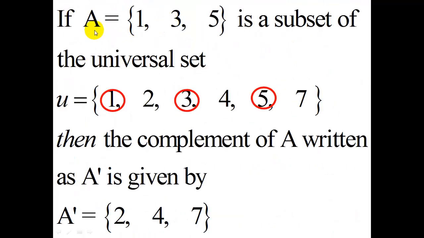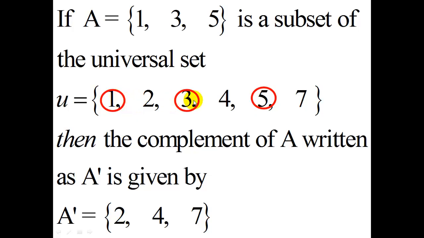Now, considering the set A, the elements are 1, 3, 5. A is a subset of the universal set, U equals 1, 2, 3, 4, 5, 7. The elements of the set A can all be found in the universal set.